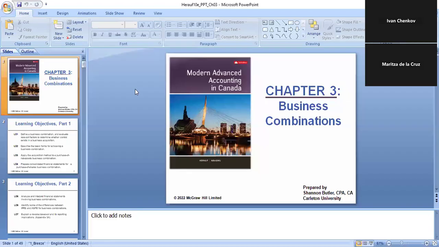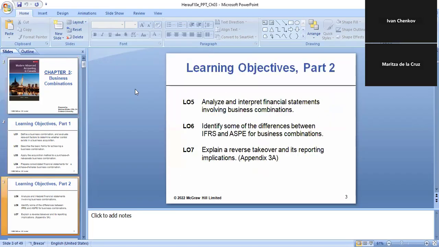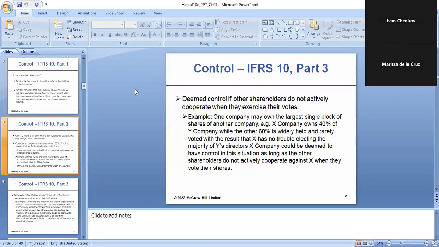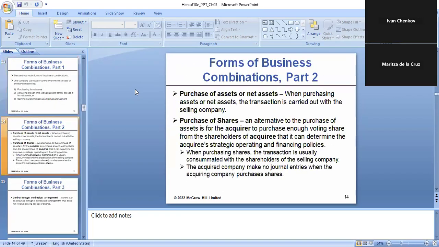If we pay less than the fair market value of the company, that means we have a negative goodwill. Negative goodwill, in this case, represents a bargain price, something that we pay below the market value of the other company, whereas goodwill simply says that we pay above the market price of the other company.